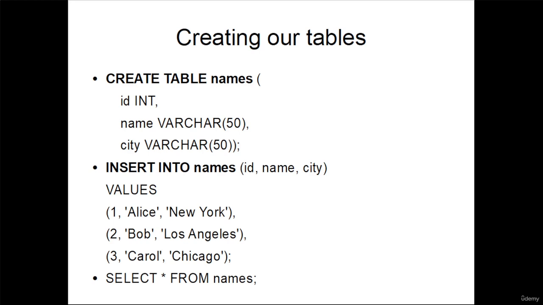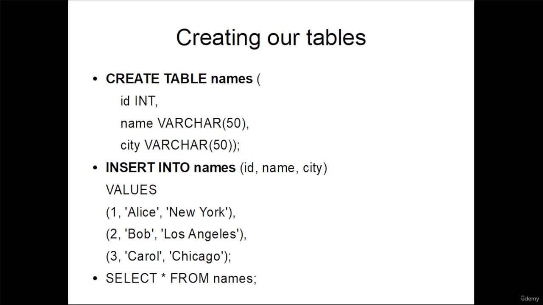Create table names, id integer, name varchar(50), city varchar(50). This command creates a table named names with 3 columns. ID, an integer to uniquely identify each person. Name, a variable length 50 text field that can store up to 50 characters for a person's name. City, another variable length 50 text field for the person's city.